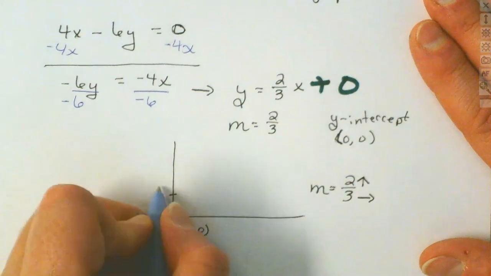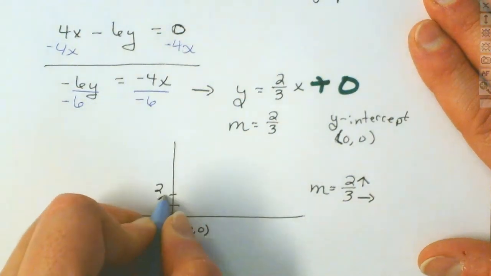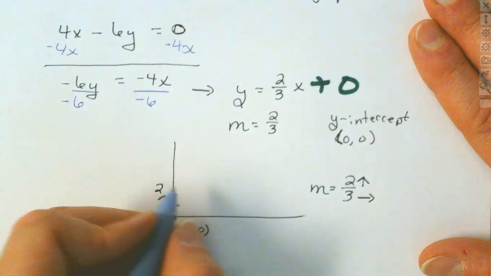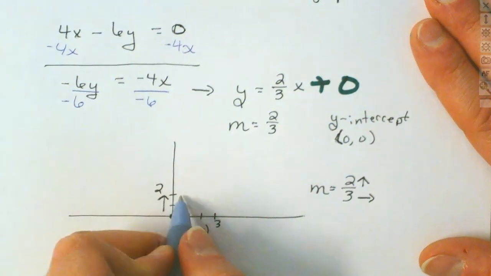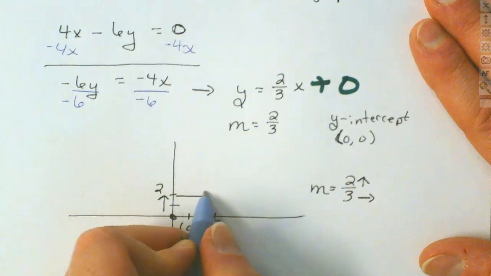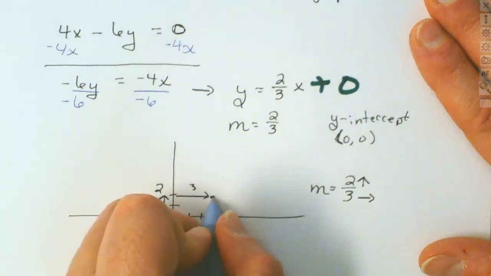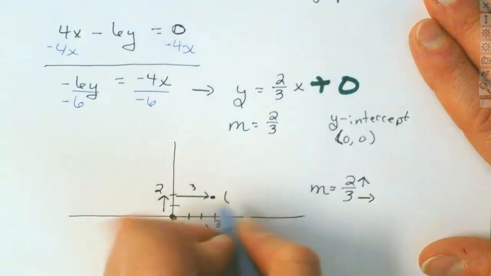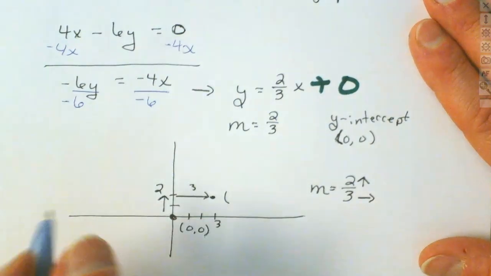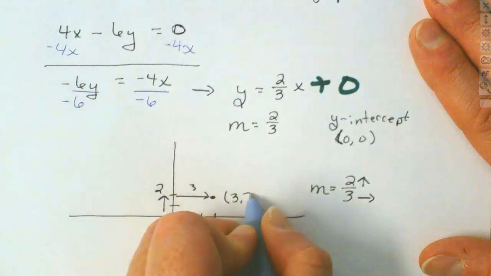So we're going to go up 2, and then we're going to go over 1, 2, 3. So up 2 and over 3. And that makes my second point right here. If you want to label it, you can. Looks like it's going to be at 3, 2.